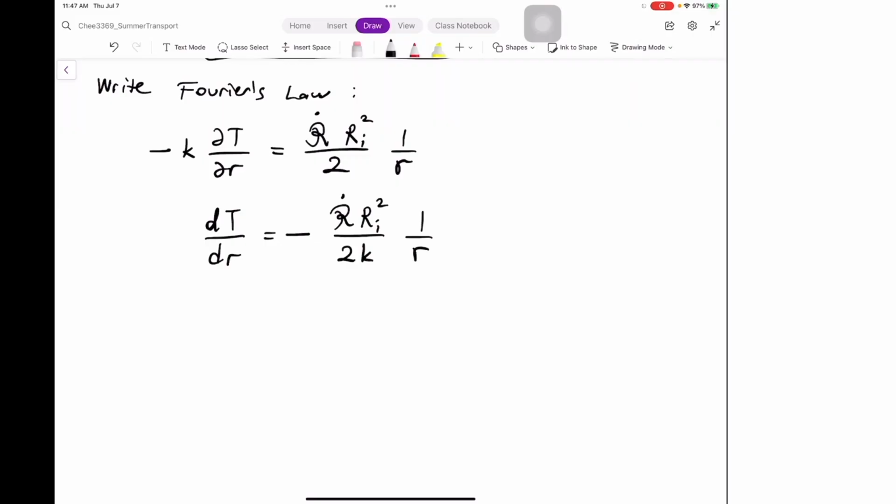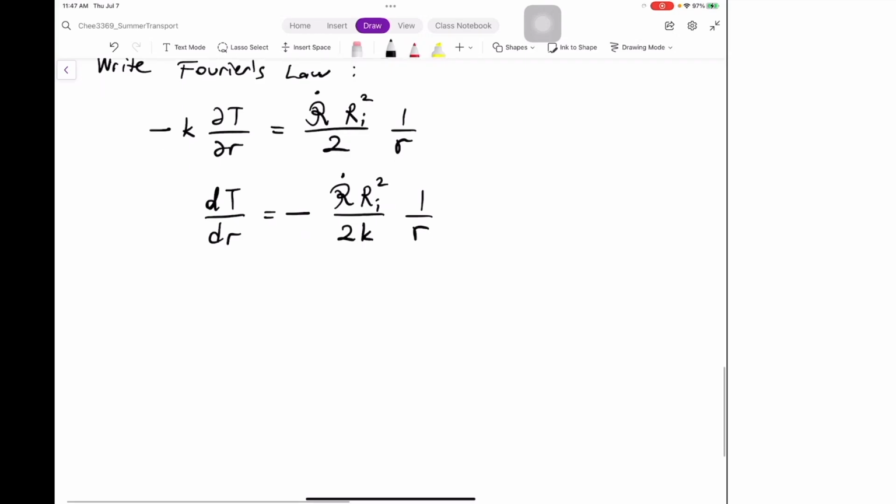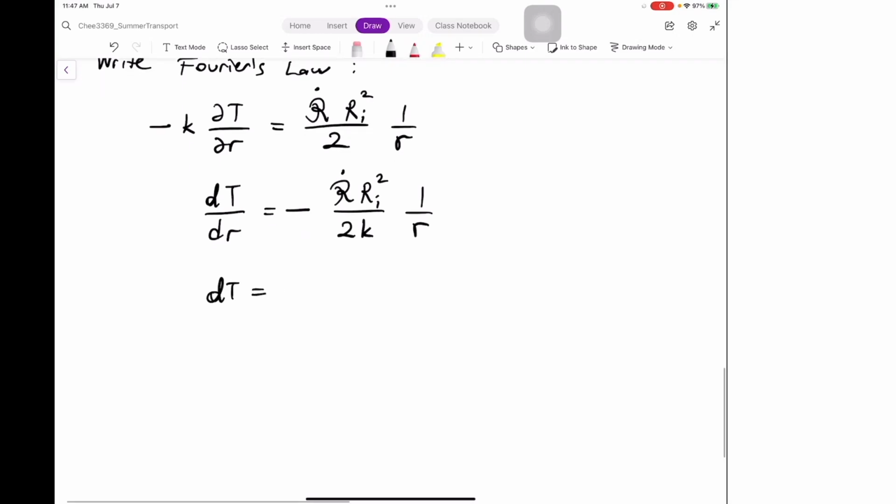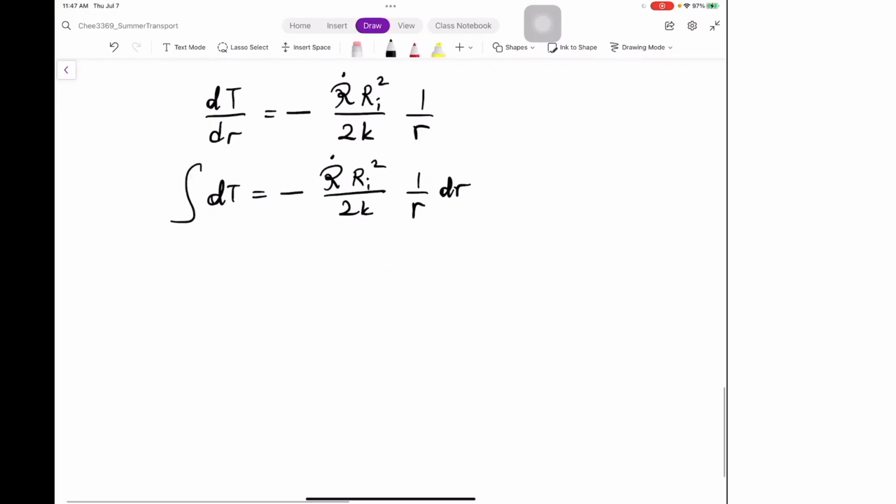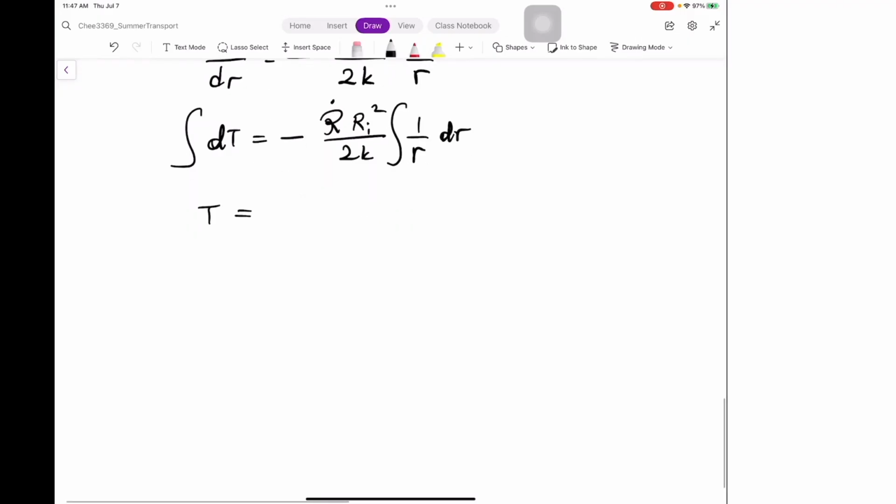Now I multiply both sides by dr to get dT is equal to negative q-dot R_i squared over 2k, dr over r. Now q-dot is a constant number, so when I take the integral of both sides, it can come out of the integral as the other constants. So you get something like T is equal to negative q-dot R_i squared over 2k. Integral of 1 over r is logarithm of r.